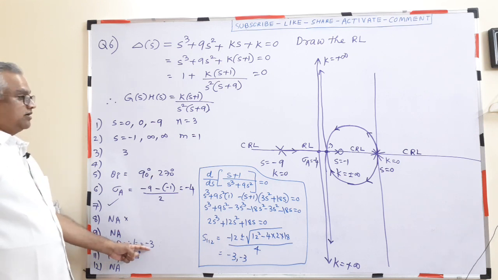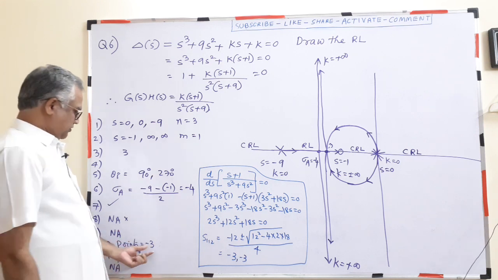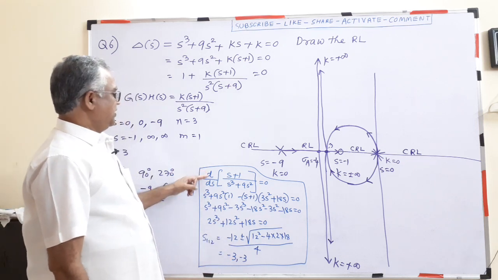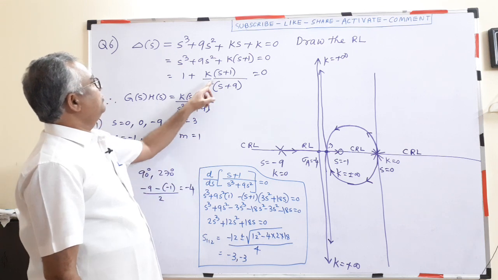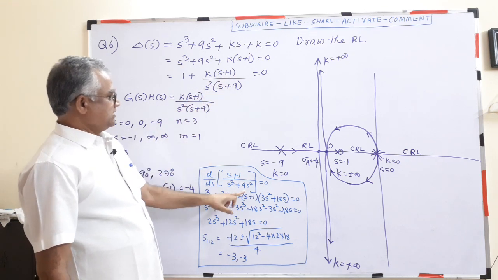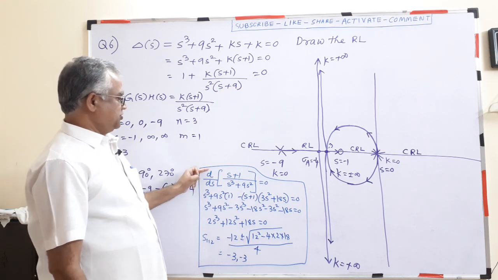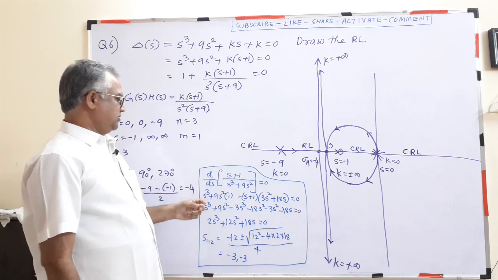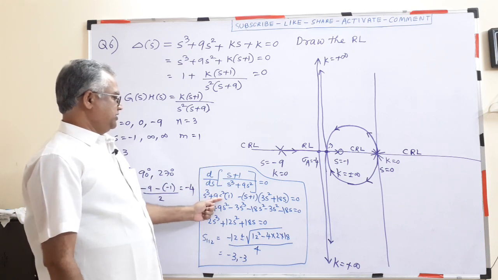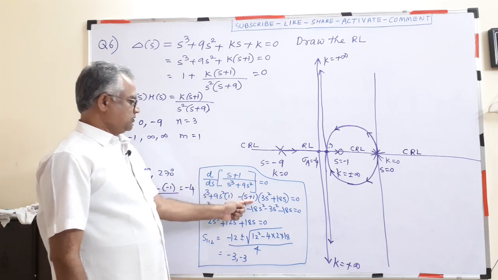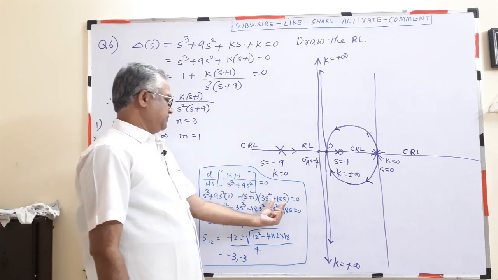Then the breakpoint is coming at -3. How this -3? I have shown it here separately. d by ds of (s plus 1) divided by (s cube plus 9s square), differentiate with respect to s equal to 0. You know the u by v method. So this into the derivative of this is 1, minus (s plus 1) times the derivative of this.